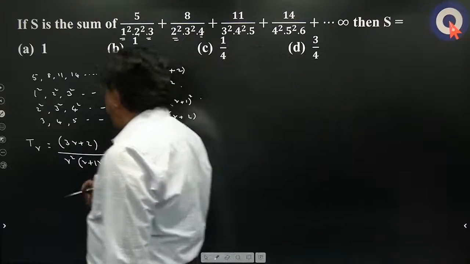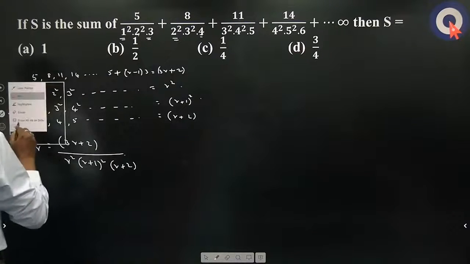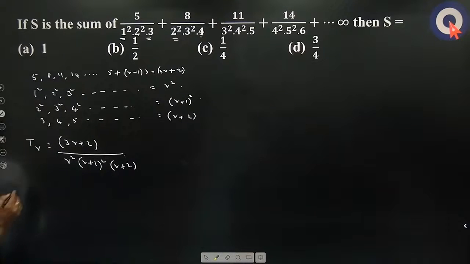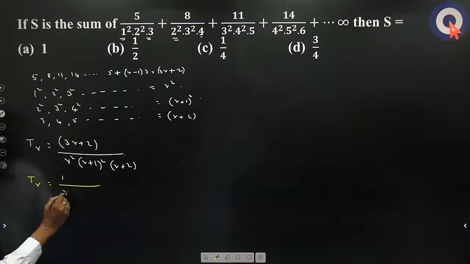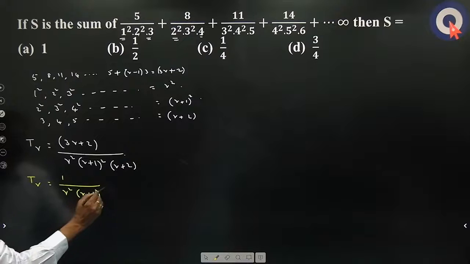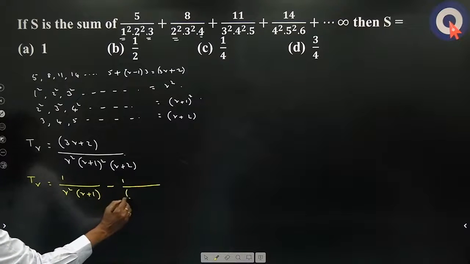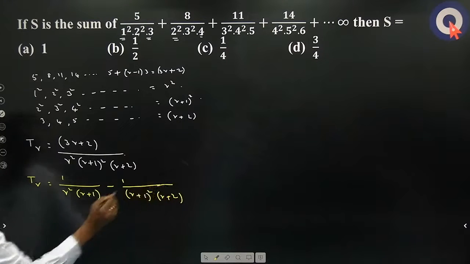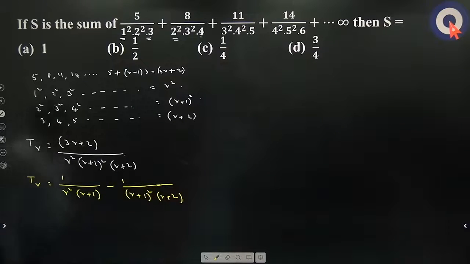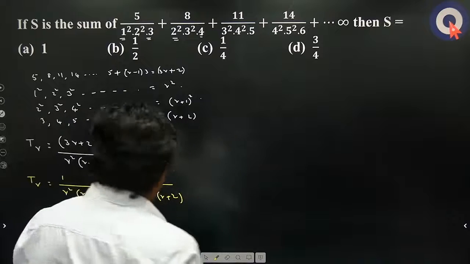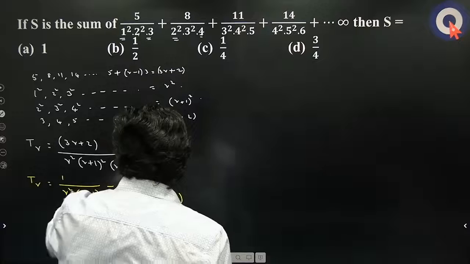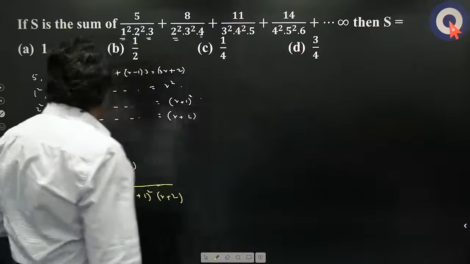So this can be written as Tr is equal to 1 by r square into r plus 1 minus 1 by r plus 1 whole square into r plus 2. When you are working on it, what you must do is look at certain possibilities and see what works.